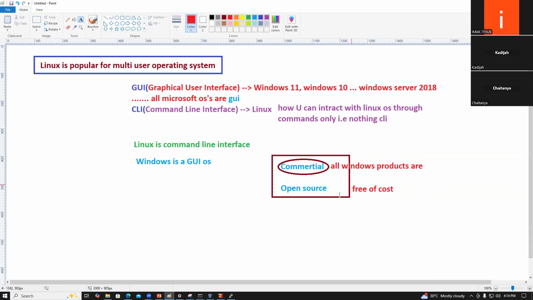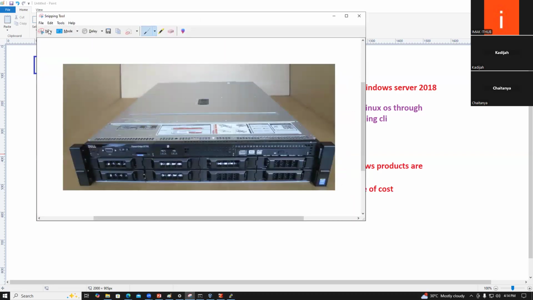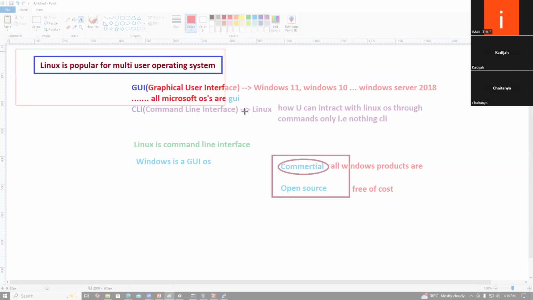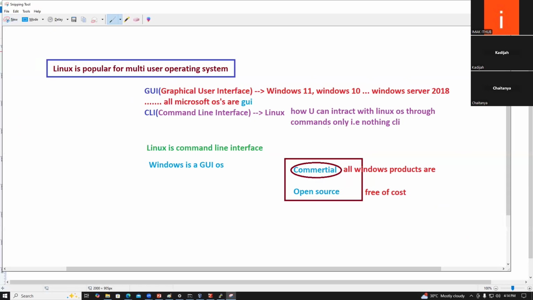This is one point, and tomorrow we'll discuss the second point also, who developed Linux and why it came about. Okay, thank you.